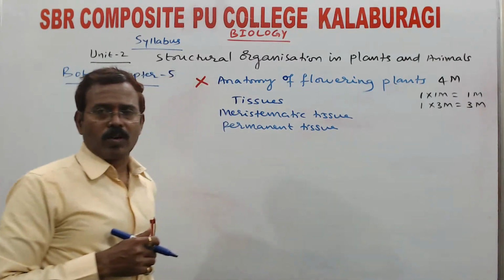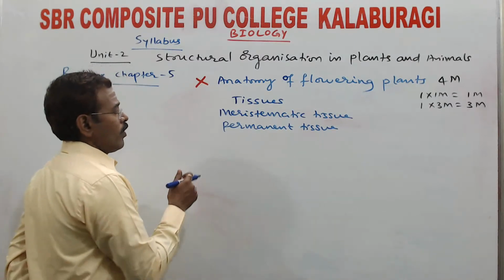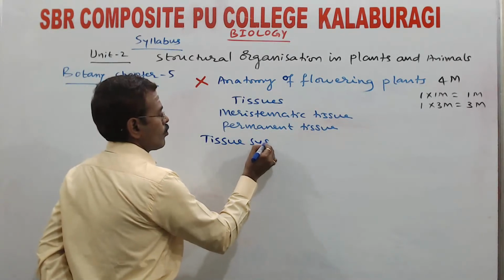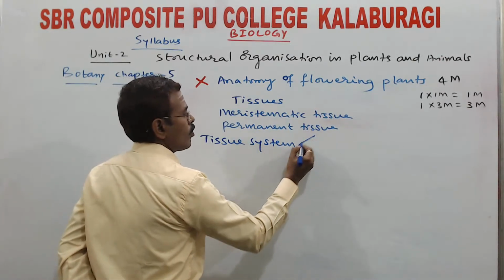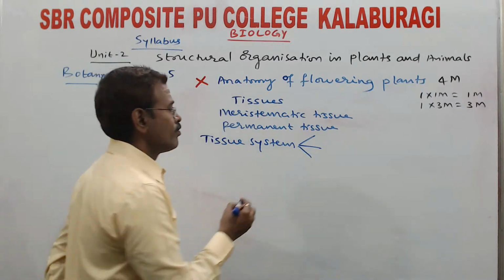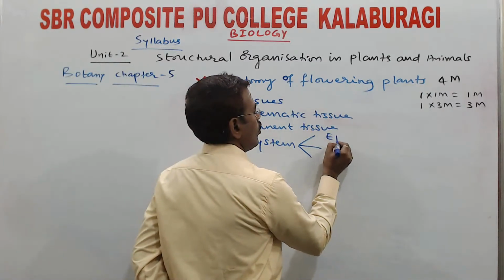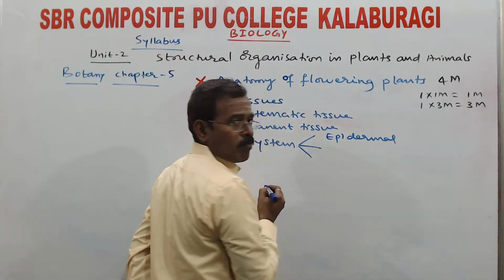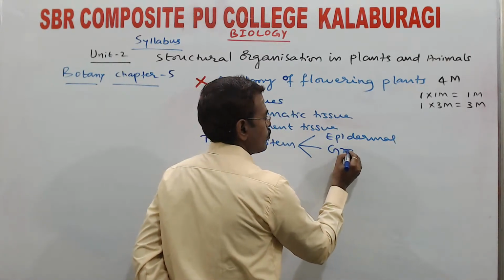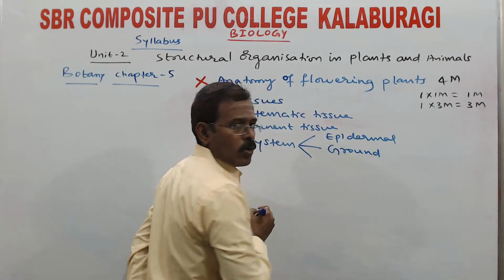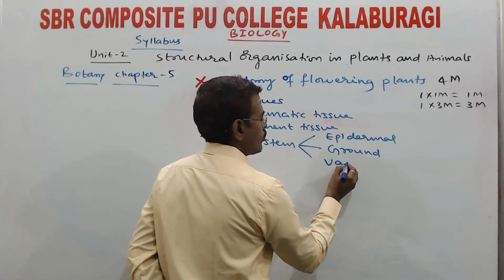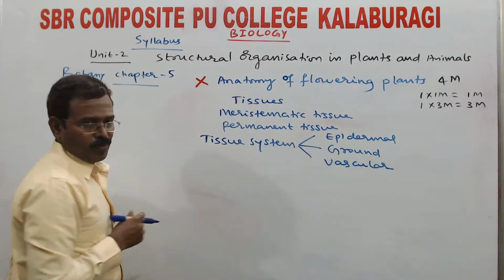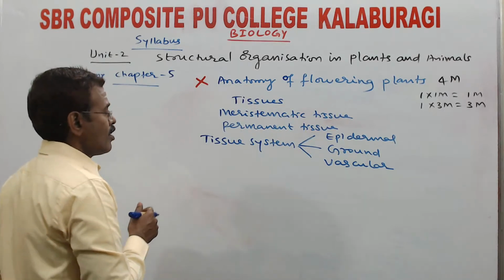Then the tissue system: epidermal tissue system, ground tissue system, vascular tissue system. These are the concepts present in this chapter.